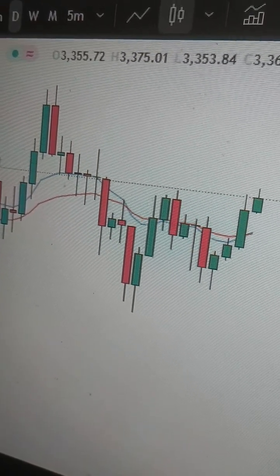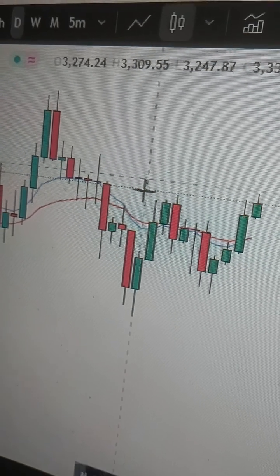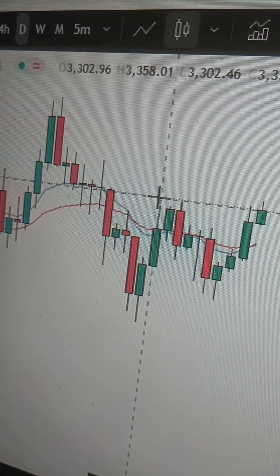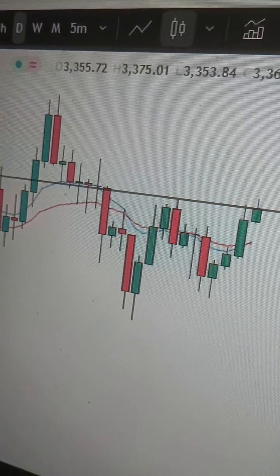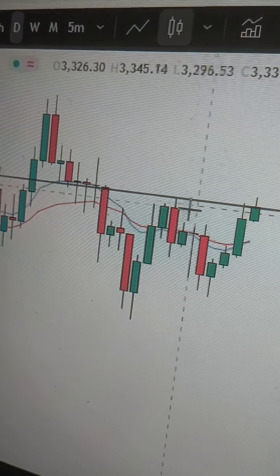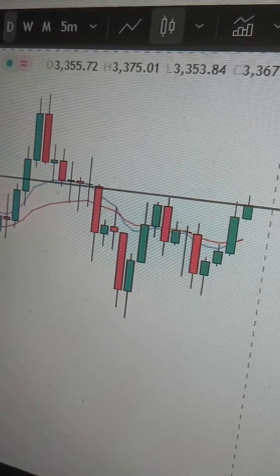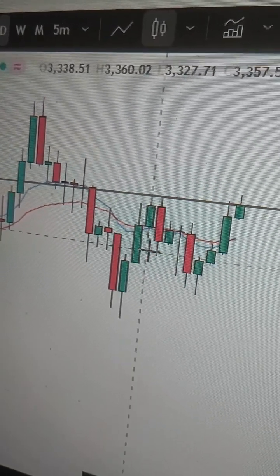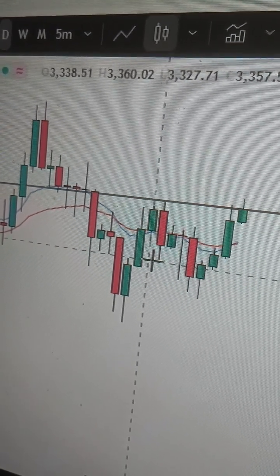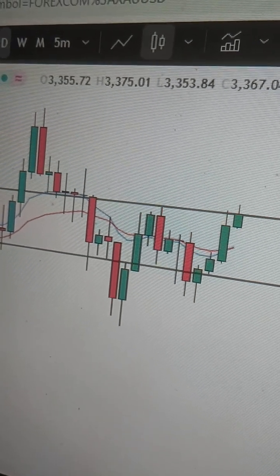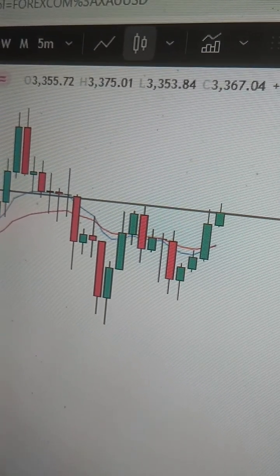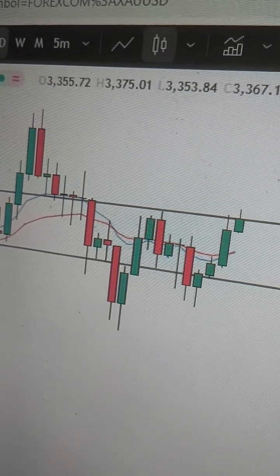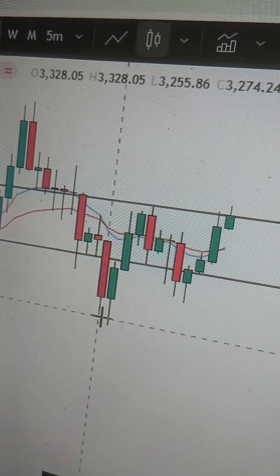So for us, our support and resistance, we are going to draw them here. This is our support zone. This is our resistance. Sorry. This is our support. I hope all of us can see. Sorry, it was different.